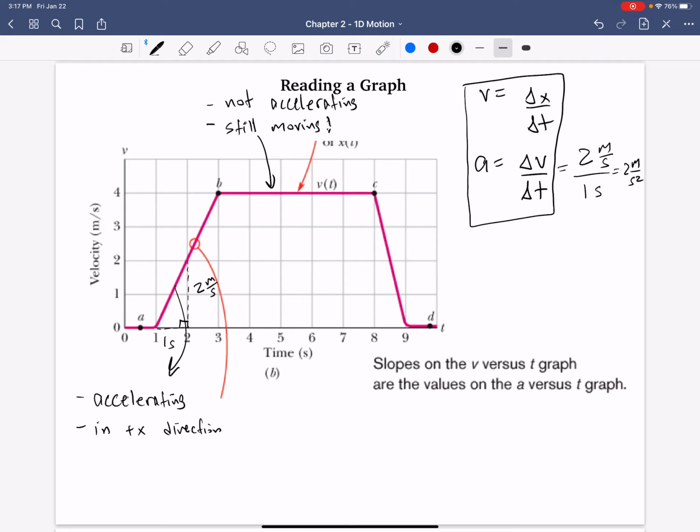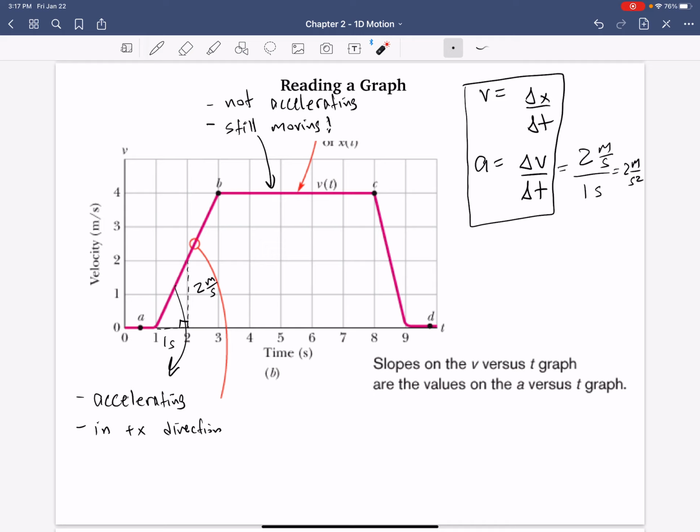Okay, so at point C, what's happening to this object? Well, now the velocity versus time graph is decreasing in value. So the value for the velocity or speed is decreasing. Still moving forward. That's important here. It's still moving forward. It's just getting slower and slower and slower.